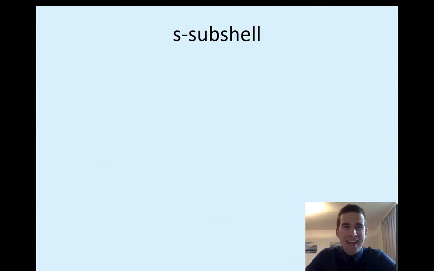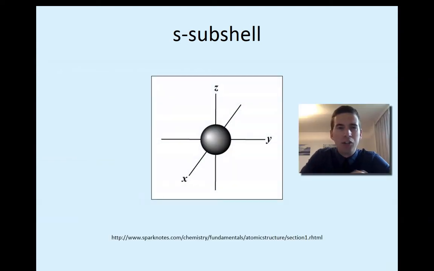So let's start with the S subshell. Now, the S subshell only has one orbital, and it looks like this. This is the most simple one. It just has a spherical shape around the nucleus, and in this spherical shape, this orbital, there is a 90% chance that the S electron will be found in this space.